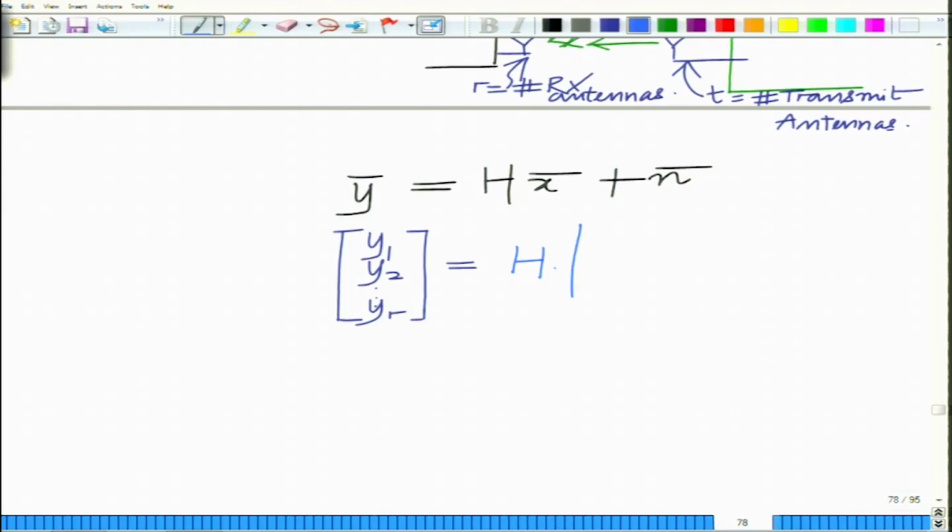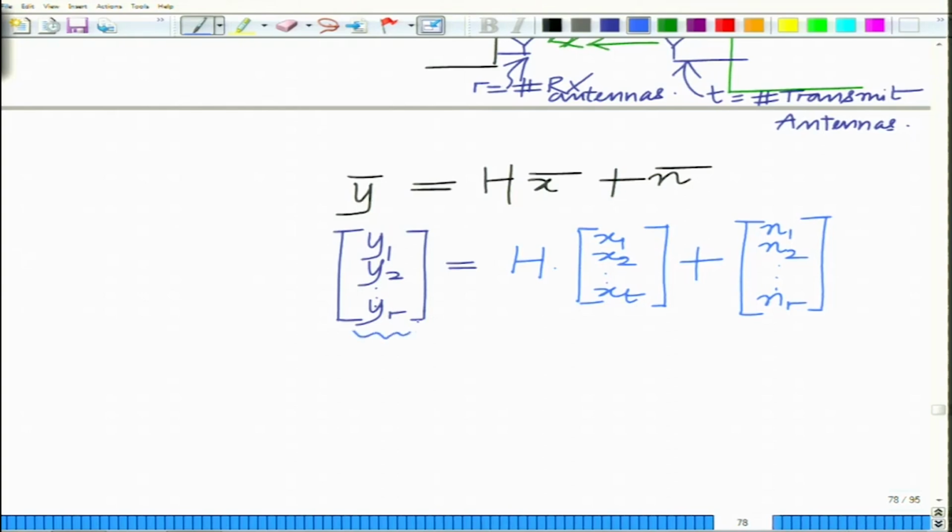Remember, you have T transmit antennas, so you have T transmit symbols, plus n bar, which is the thermal noise samples, additive white Gaussian noise samples at the R receive antennas.